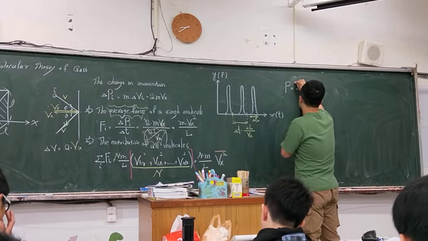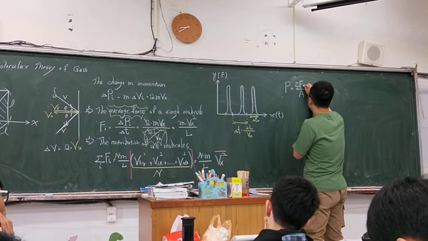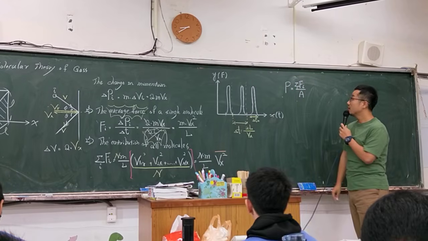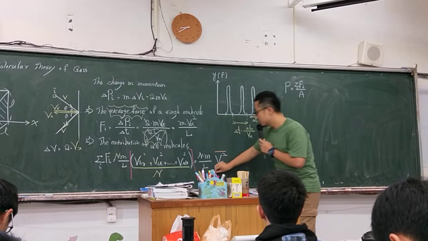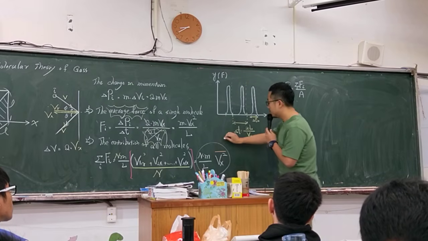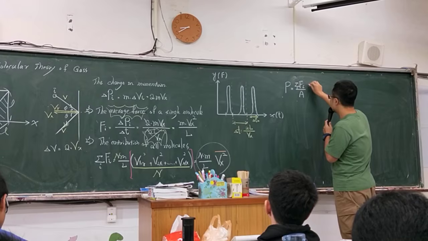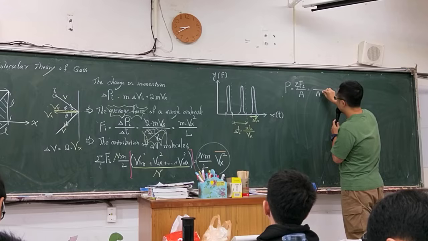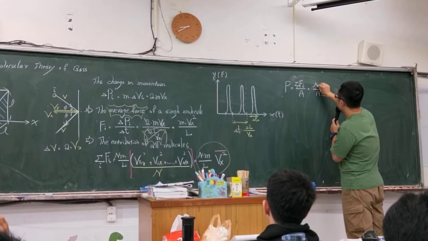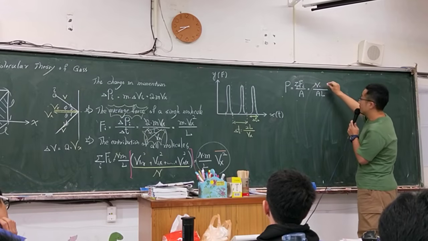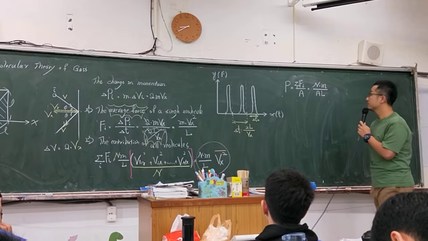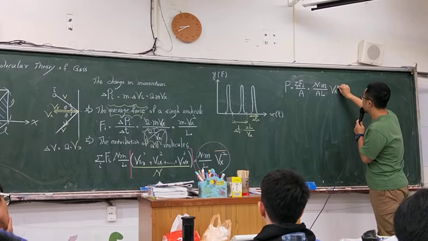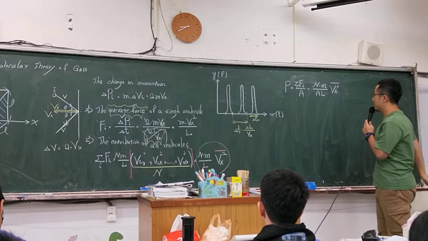I put a sigma I right here, and the sigma Fi is right here. So I will capture this item and replace the simple item, and it can be written as A, L, and capital M times mass, and the average value of the Vx squared.